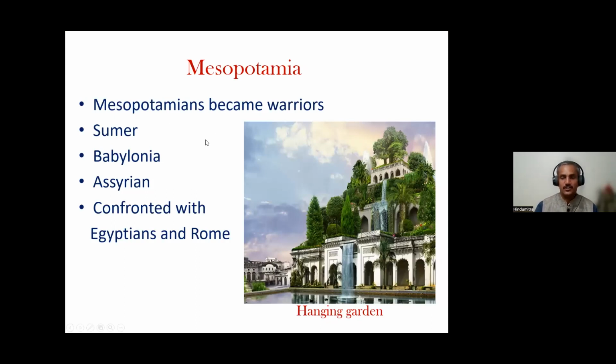The cities and other kingdoms surrounding Mesopotamia are Sumer, Babylonia, and Assyria, and these were all military civilizations. They were always fighting, showing their muscular power, and they also confronted the Egyptians and Romans at that time. And one of the most famous features we come across when we think of Mesopotamia is its hanging garden.